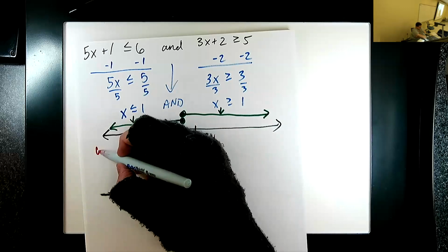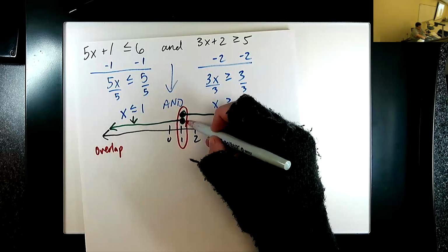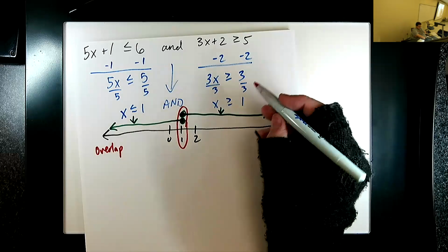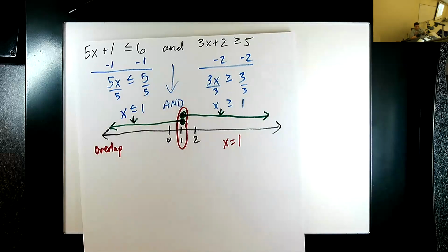The overlap is only here. There's not a range of numbers here, it's just x equals 1. We lost our inequality. Any questions on that?